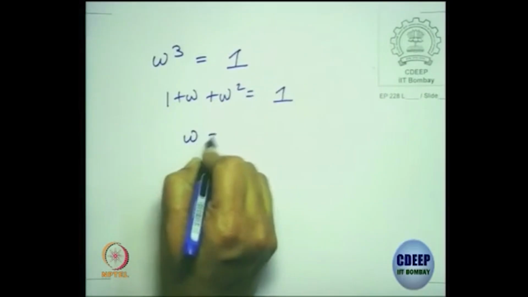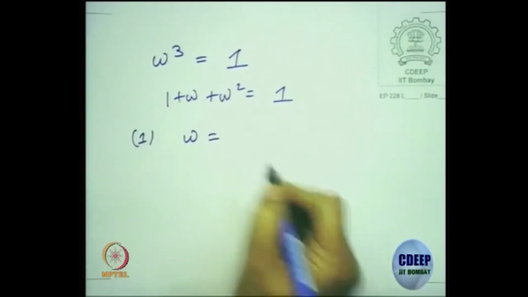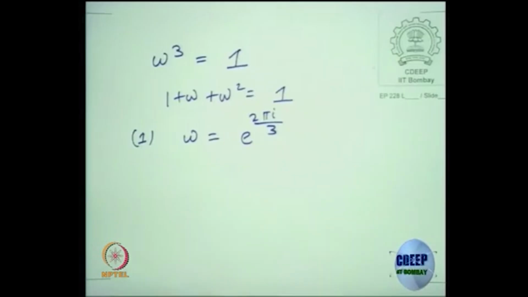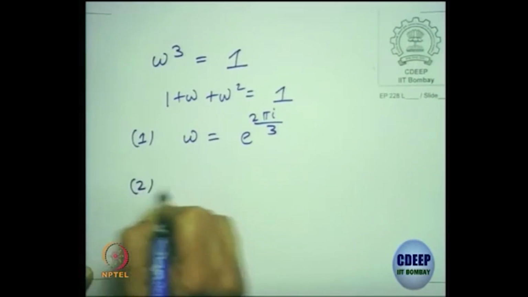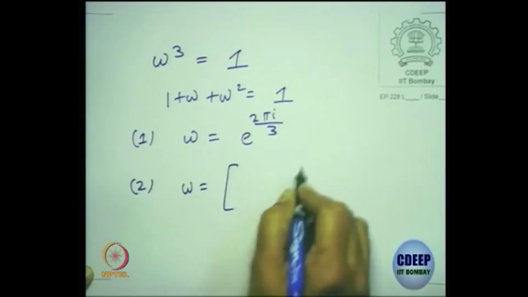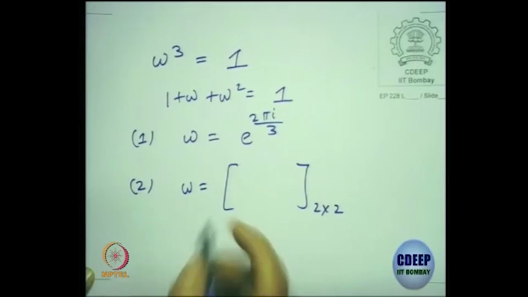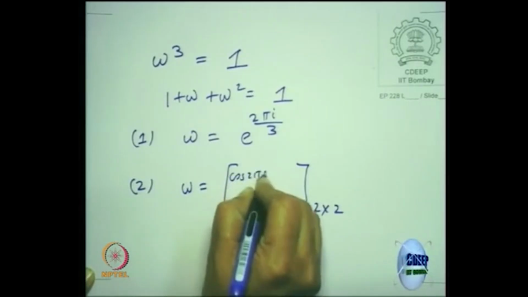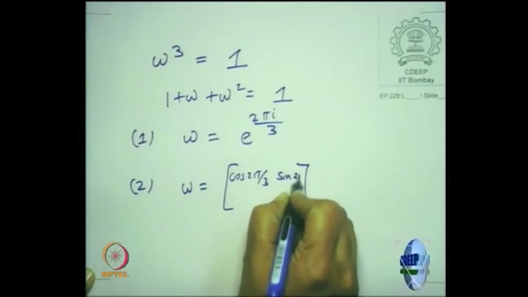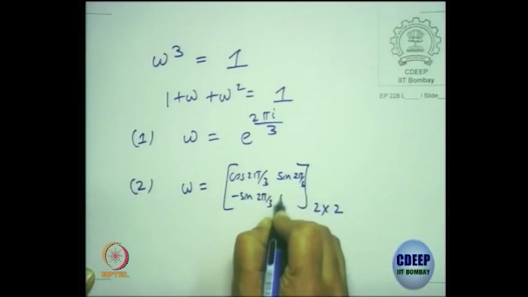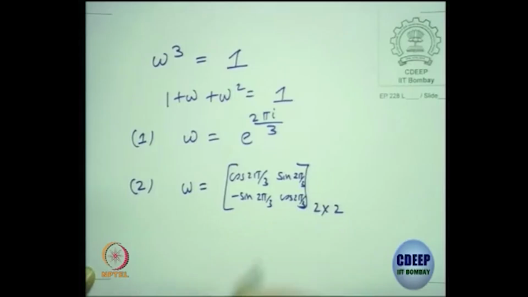I can denote one representation as e to the power of 2 pi i by 3. This is one representation. The second representation is omega written as a 2 cross 2 matrix: cos 2 pi by 3, sin 2 pi by 3, minus sin 2 pi by 3, cos 2 pi by 3. These are called representations.